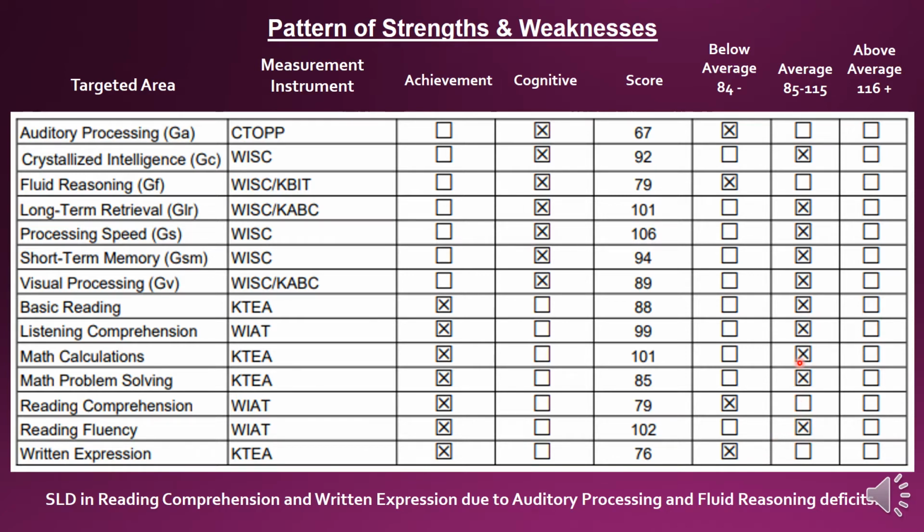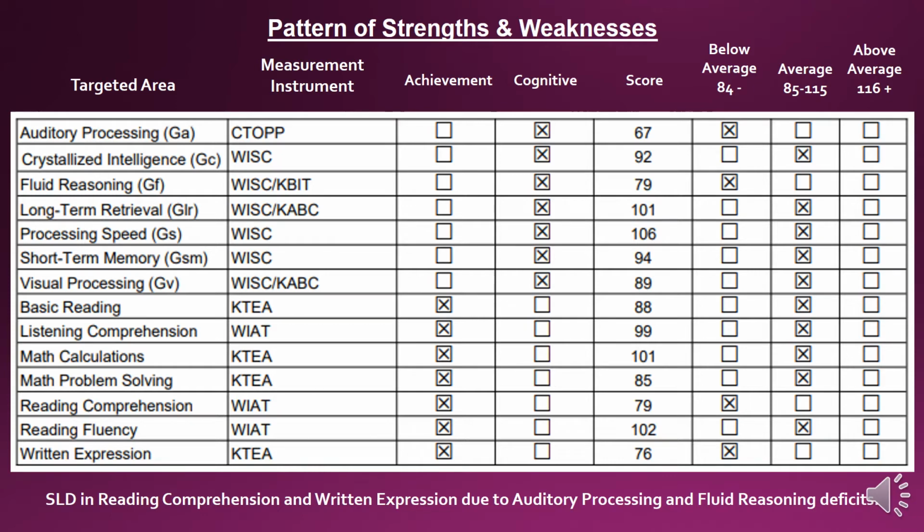And she had achievement areas of strength over here in the average. So average is strength, below average is weakness, and we had them both cognitively and in achievement, right? So her specific learning disability was in reading comprehension and written expression due to auditory processing and fluid reasoning deficits.